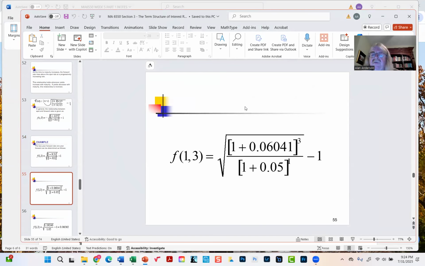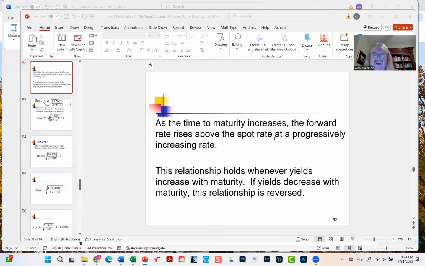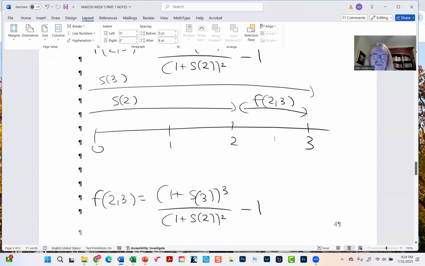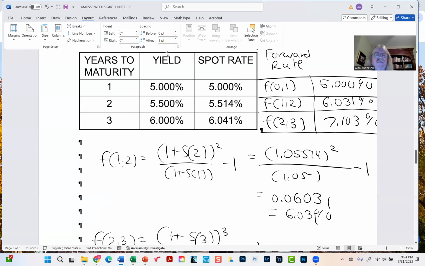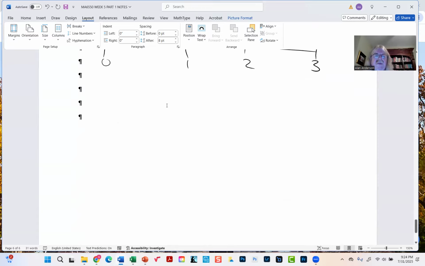So what they're doing here is saying, well, let's go back to the example that we've been working with, and you'll recognize the spot rates in our chart. Let's go grab that thing again and confirm this. Here we go. So for this example, F1,3 would be this.